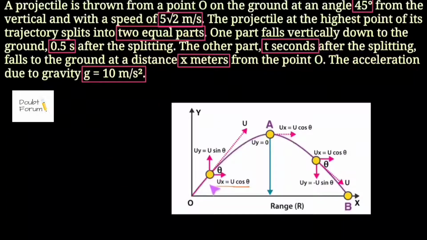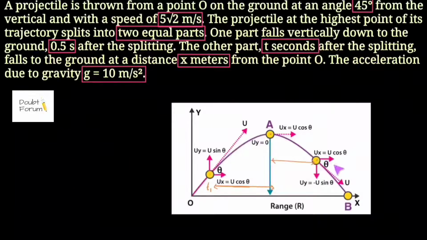As we can see, suppose at time t1, the body is here, and at time t2, the body has reached the point A. So when the body has reached from this point to this point, it has traveled a certain distance in the x direction as well. Similarly, when the body from this A point reaches to this point, it has again covered a linear distance in the x direction like this.